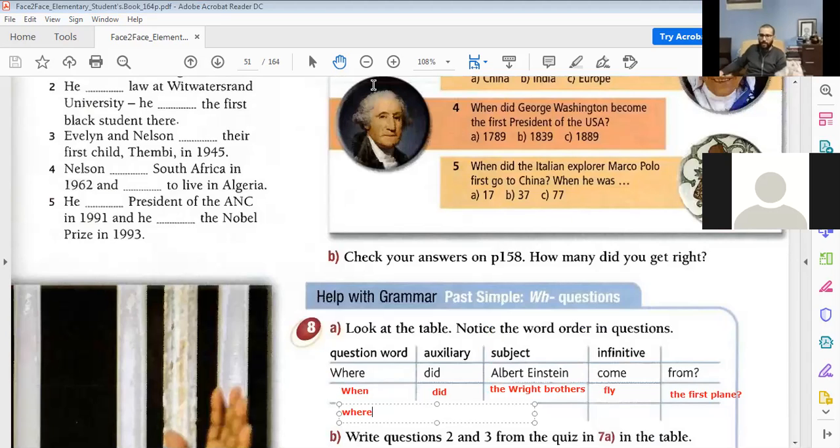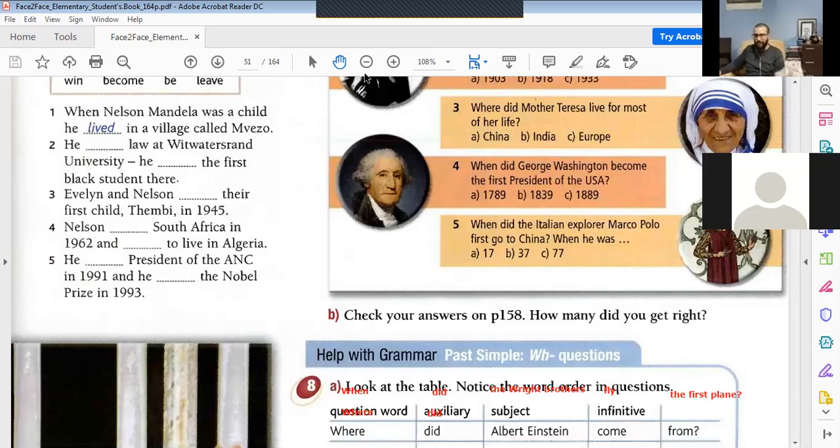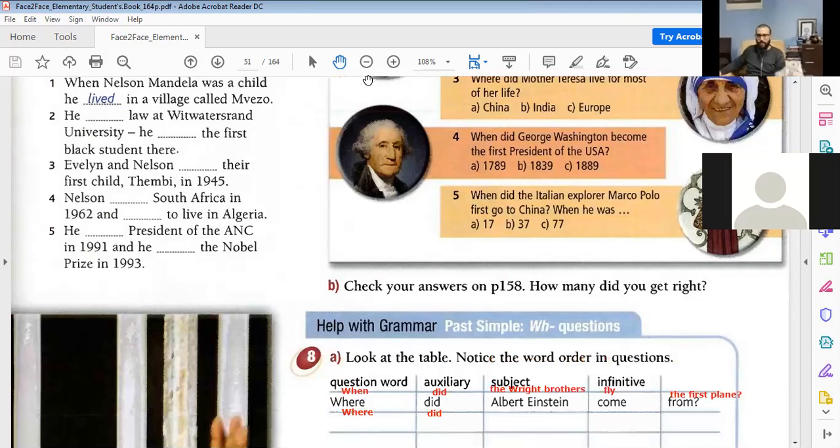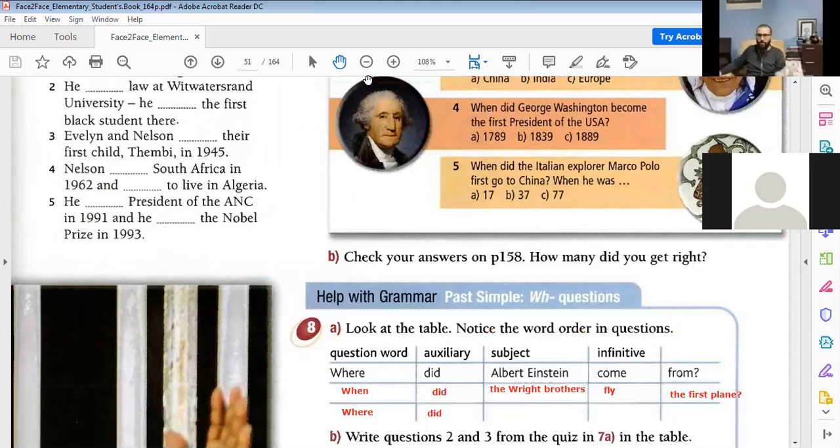And what about the auxiliary? What's the auxiliary? Did. Did. Okay. And what about the subject? Let me take you to the subject. What about the subject here? Mother Teresa. Mother Teresa, right? So this is the subject.